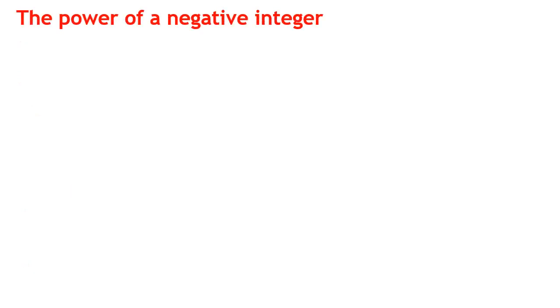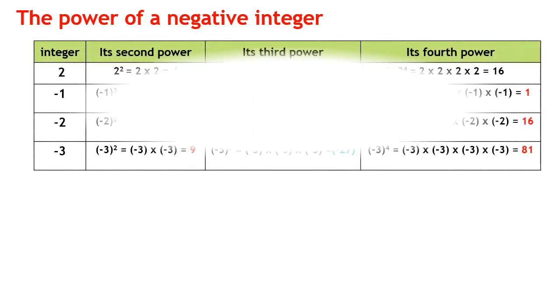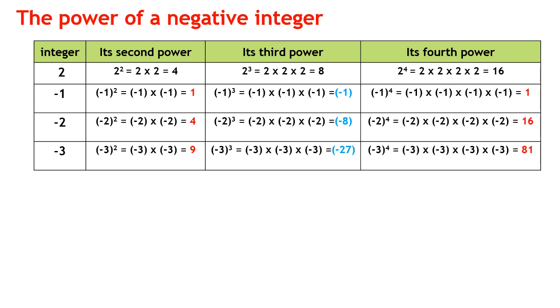Okay, let's see how to find the value of a power of a negative integer. Observe this table carefully. The table tells us how to find the value of a negative integer in power form. Here we select a positive integer in the first row, in fact plus 2.